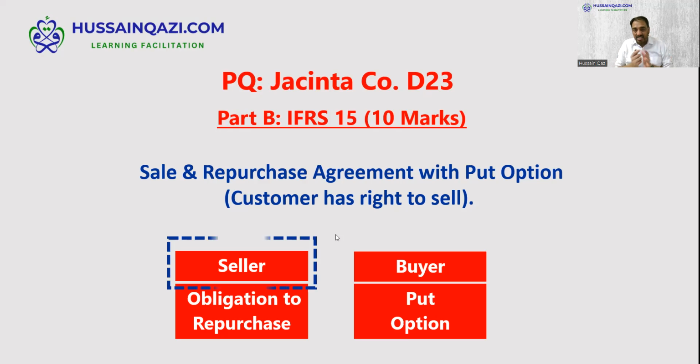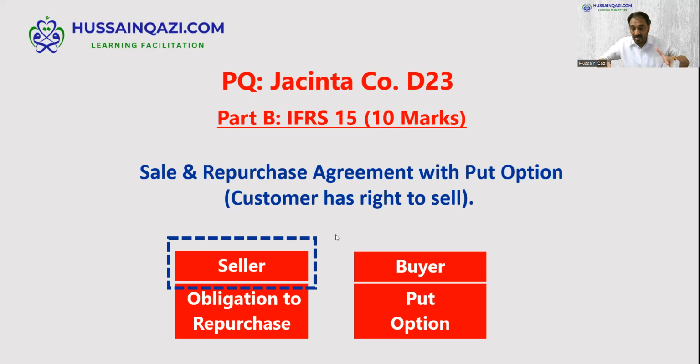In this case, the accounting standard says that whenever the seller has made the transaction, at the date of transaction, the seller needs to determine whether the obligation to repurchase is expected to occur or not.